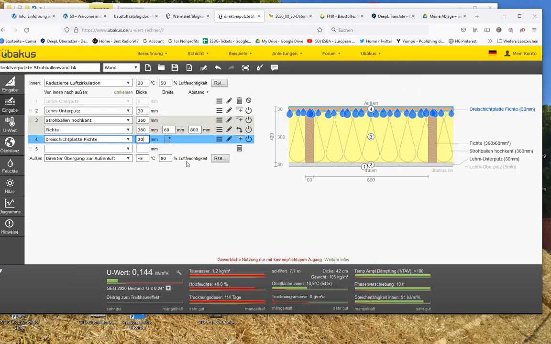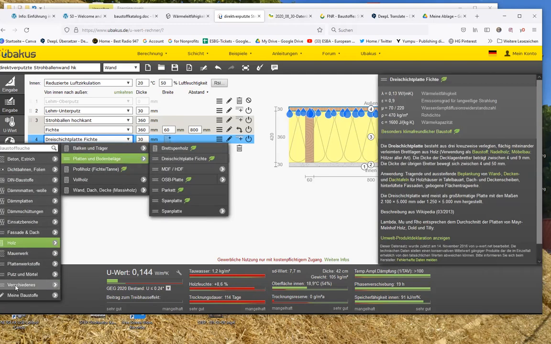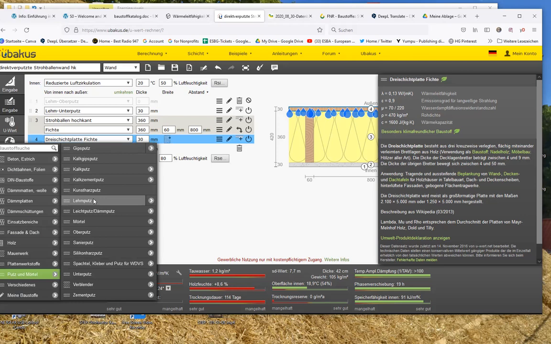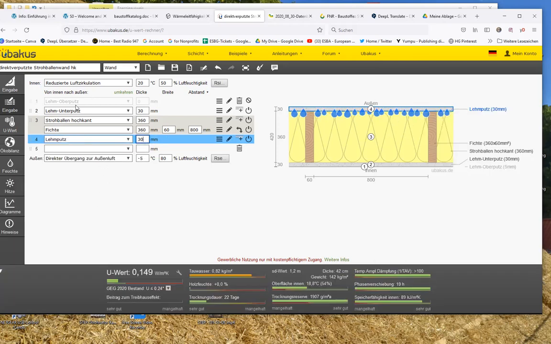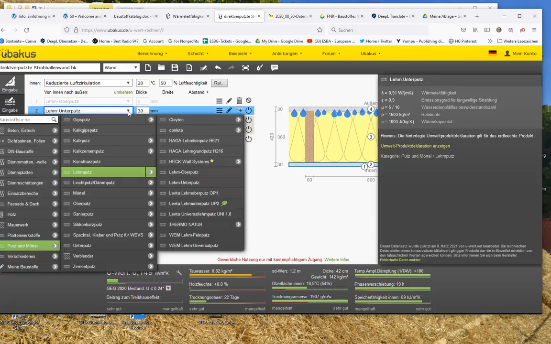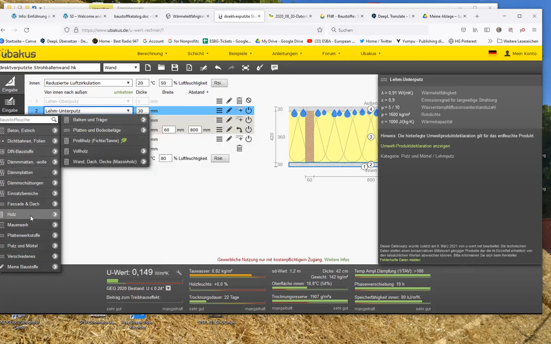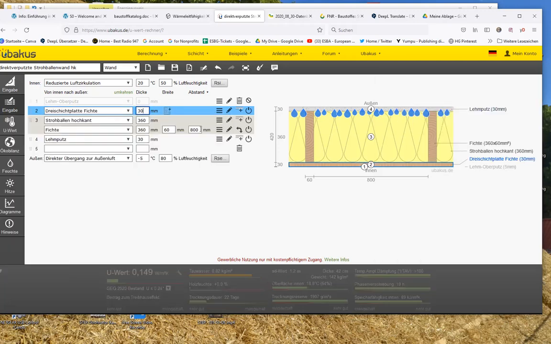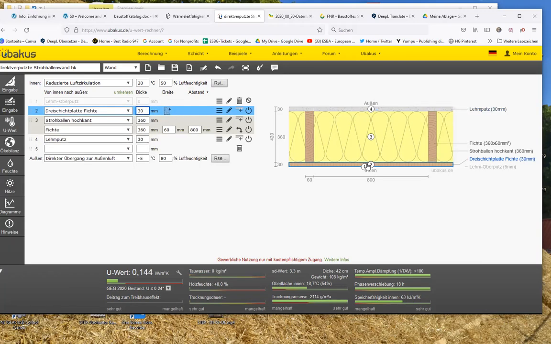Let's say I have, so this is outside, sorry. Inputs and metal inputs. So if we have on the inside wood, for example 30 millimeter wood on the inside, which is quite okay from the building physics, but there's still straw bale.